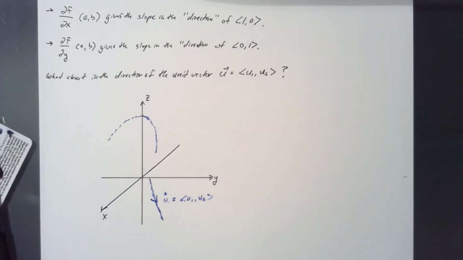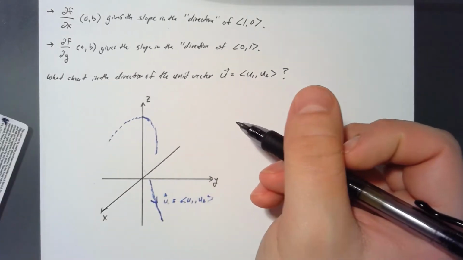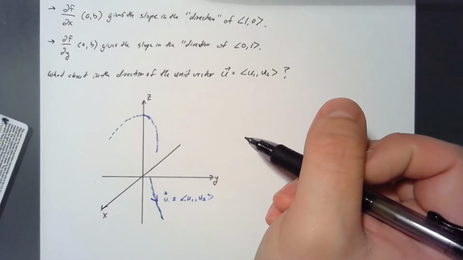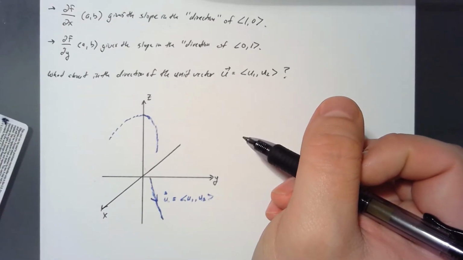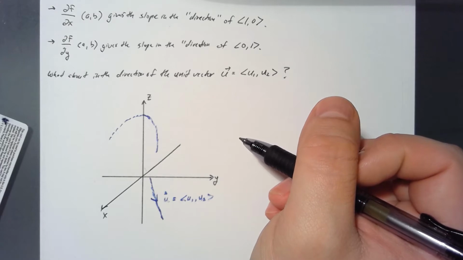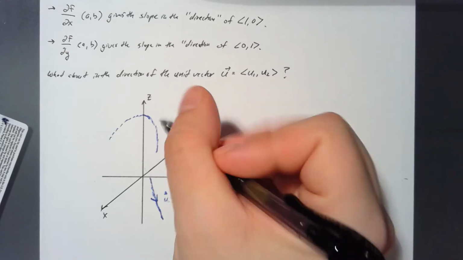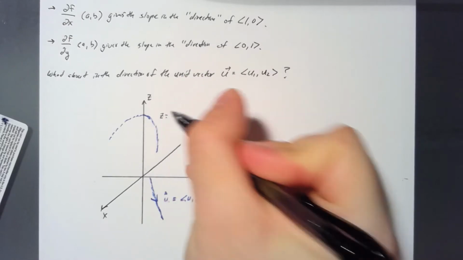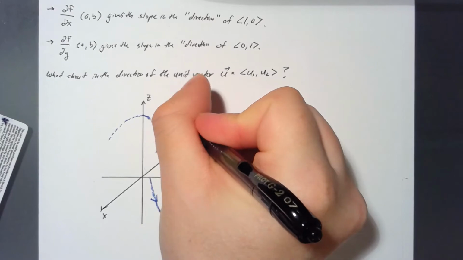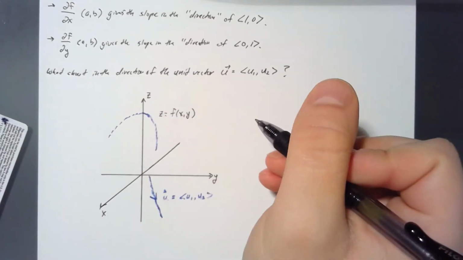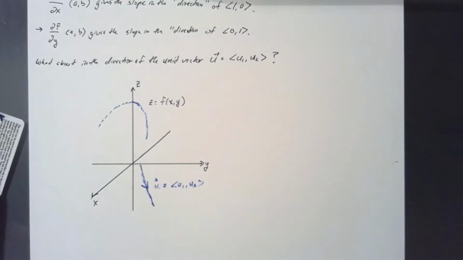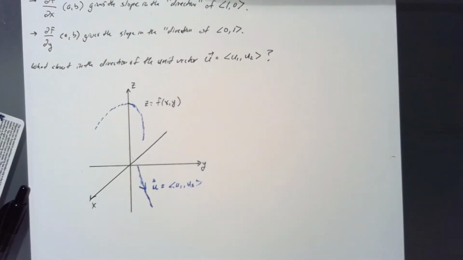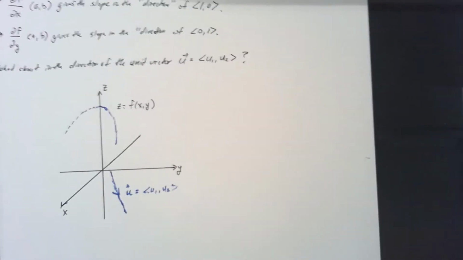Right? Now, if I have some point on my curve, so this right here is the curve z equals f of xy, and I'm going to adjust this.